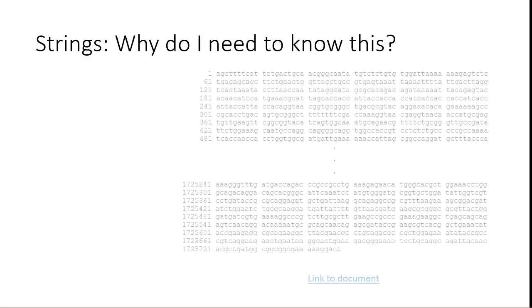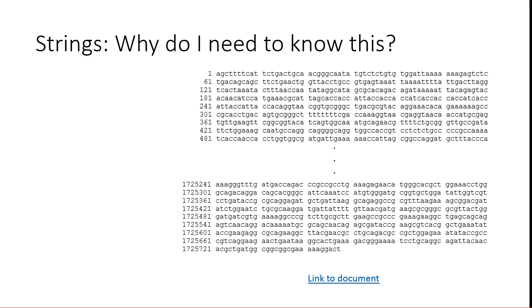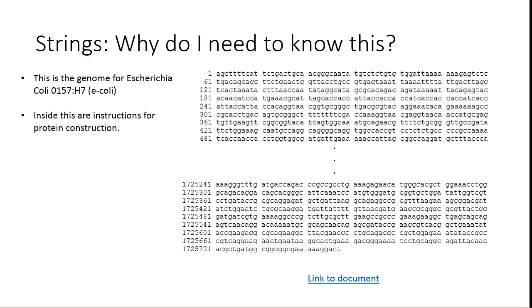So why do we need to know this? Again, if you take a look at what you see here on the right-hand side of the screen, this is actually the genome for E. coli. And notice it's just a bunch of nucleotides. Inside there are some instructions about protein construction, and by searching the sequence and identifying patterns, we can find these proteins.